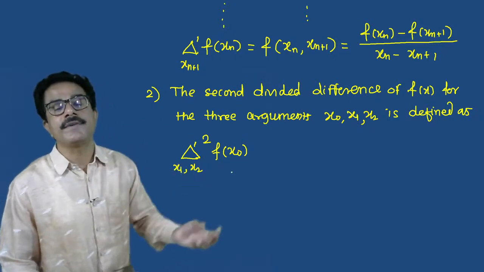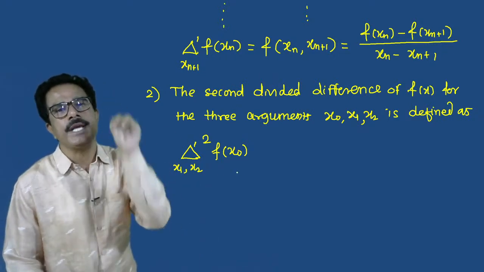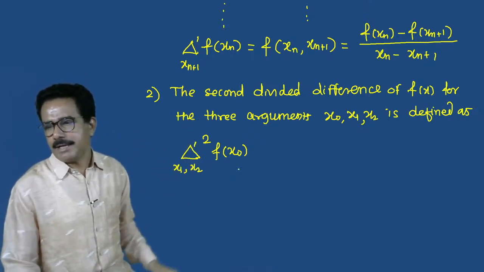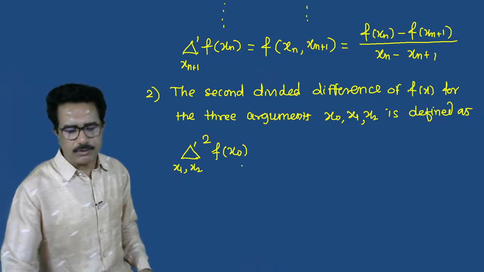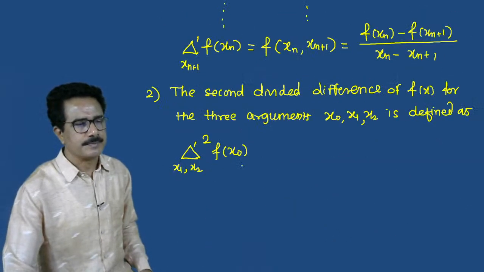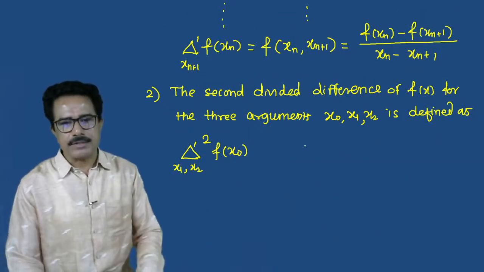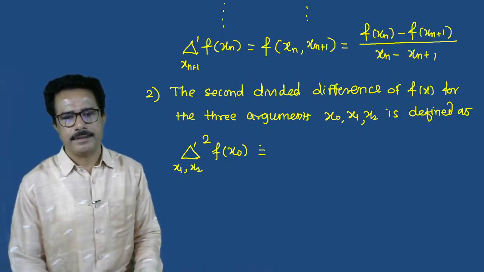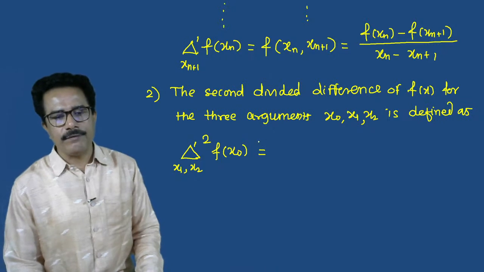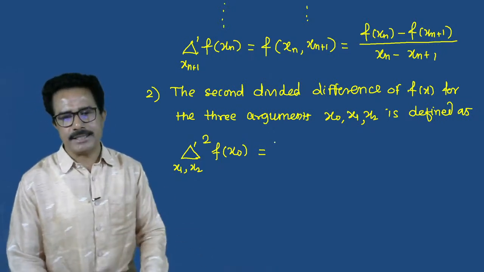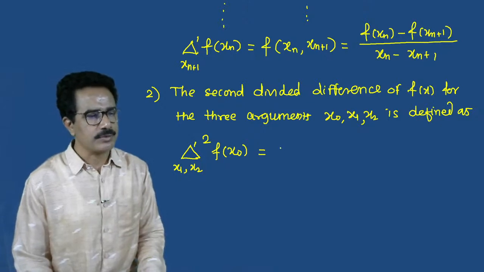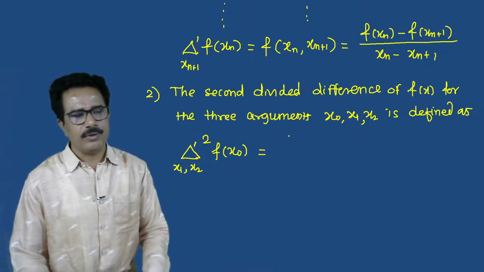Second divided difference can be obtained from the 3 arguments, and which is also denoted by delta 2 f of x0. Writing delta dash is not necessary. Delta 2 f of x0 can also be written like this. Okay, no problem.